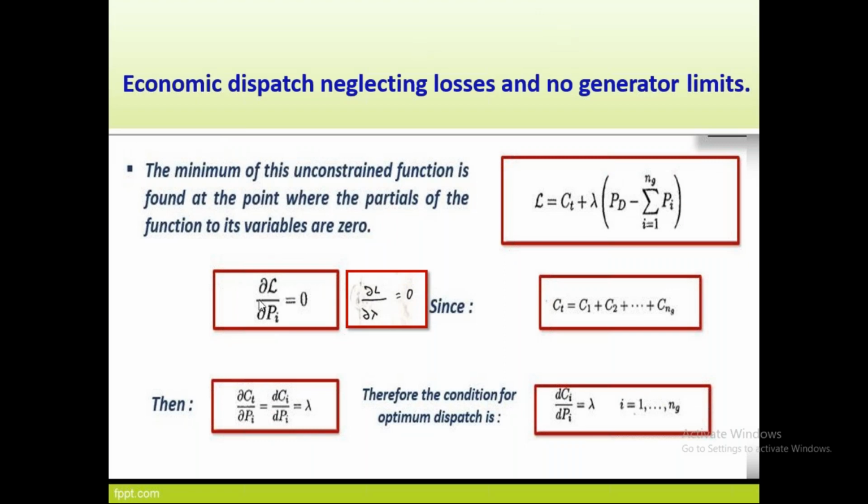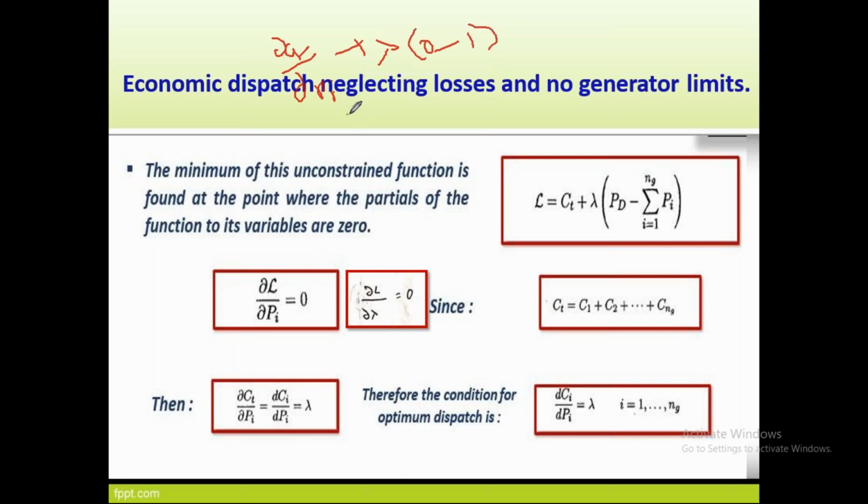See, if you use case 1, what you will get, I will tell you. Differentiate this equation with respect to Pi. Then you will get dou Ct divided by dou Pi plus lambda into 0 minus 1.